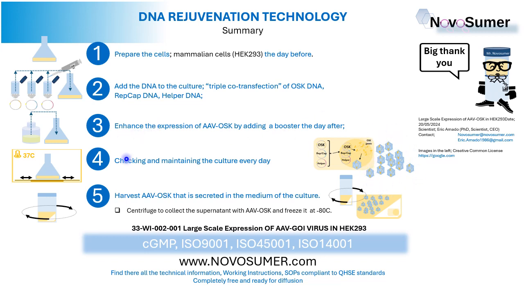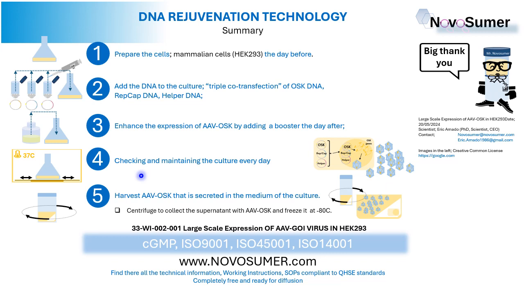What was the fourth step? Checking and maintaining the culture every day. We take the cells out of the incubator and we check them. We check the color, the smell, the density, in other words, if it's growing or decreasing in number or whatsoever. It's just a checking.